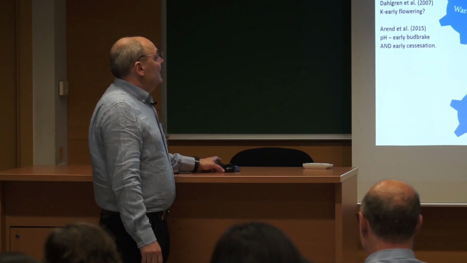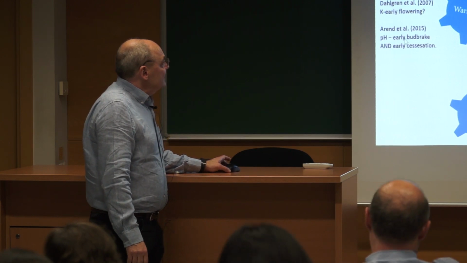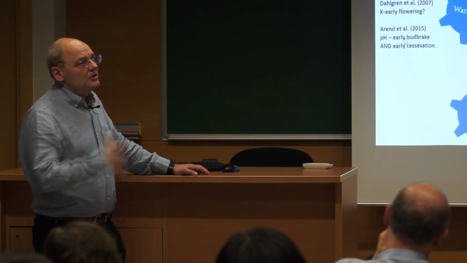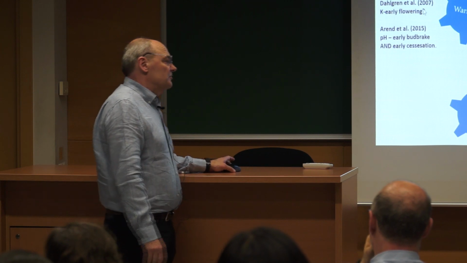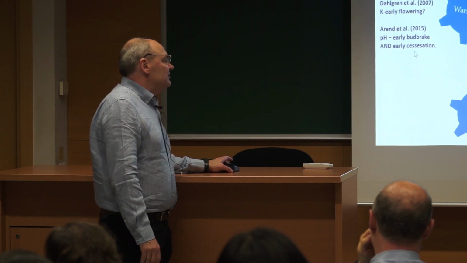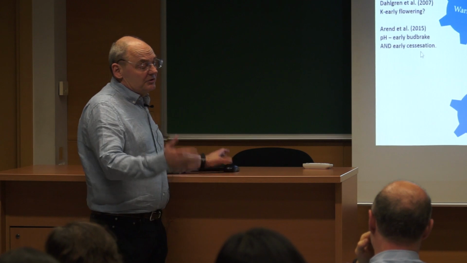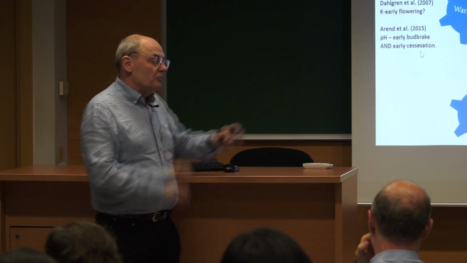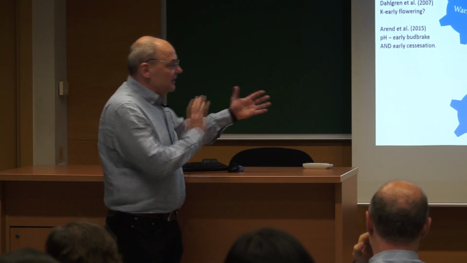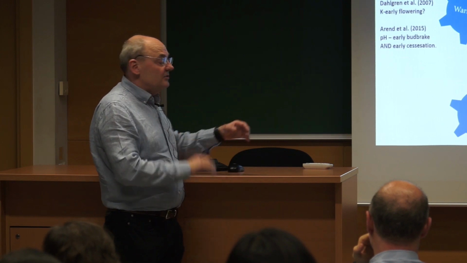We don't know that. Anyway, the result was that at lower pH, it seems like the tree goes to bloom early, and at the same time there was early cessation, so the pH kind of moved the whole growing season this way, but the length of the growing season didn't change much.